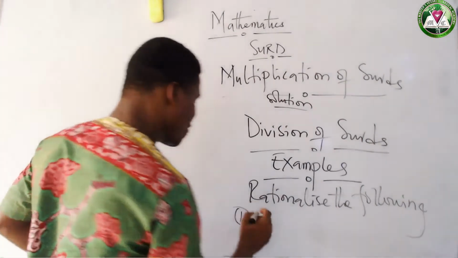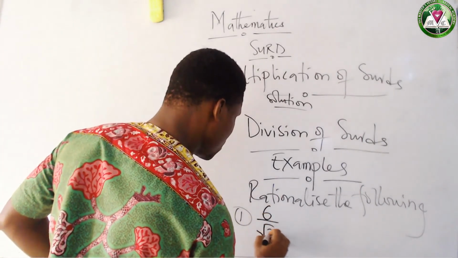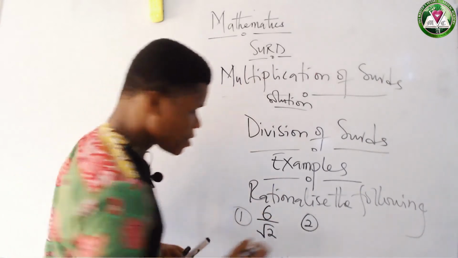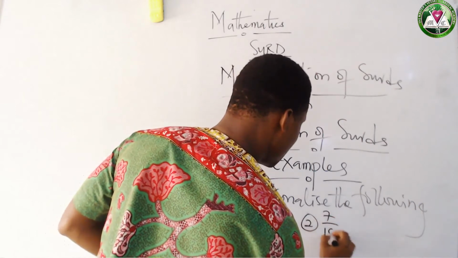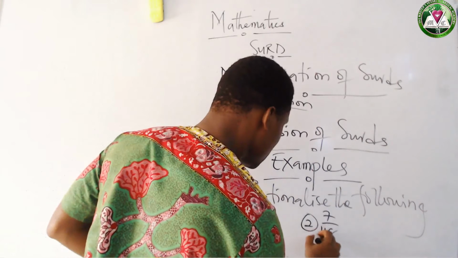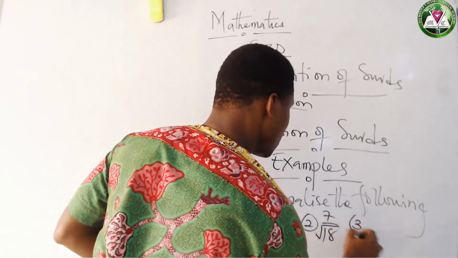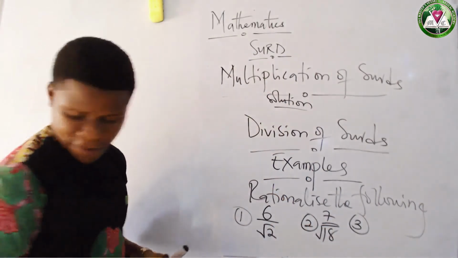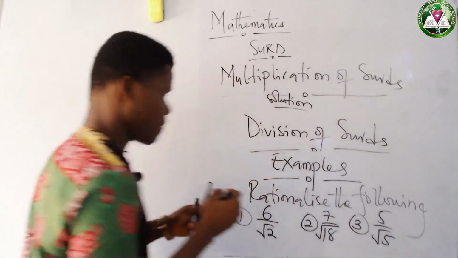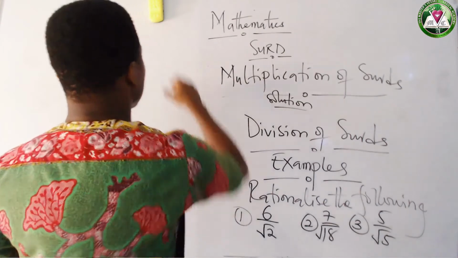Number 1, we have 6 over root 2. Number 2, we have 7 over root 18. Number 3, we have 5 over root 5.